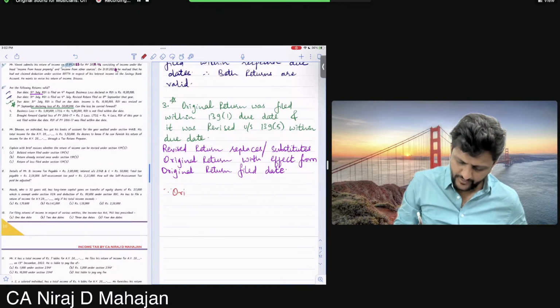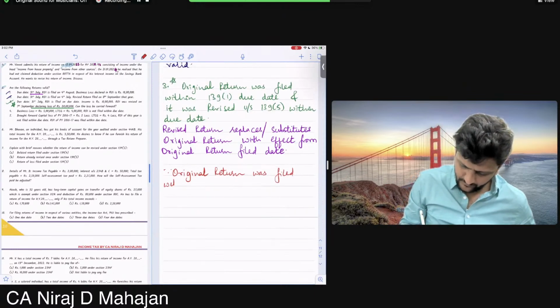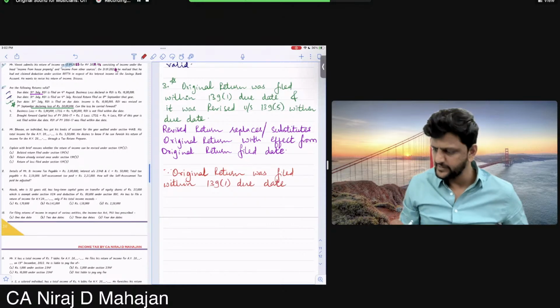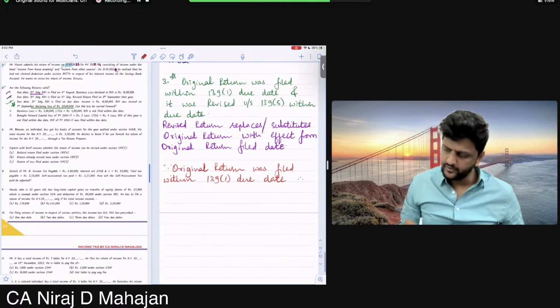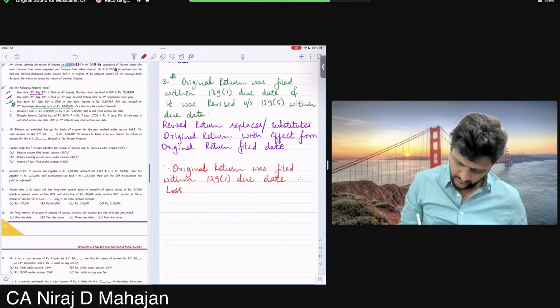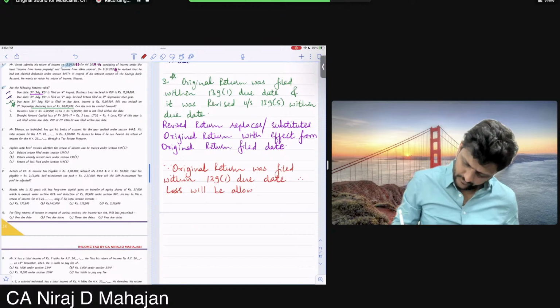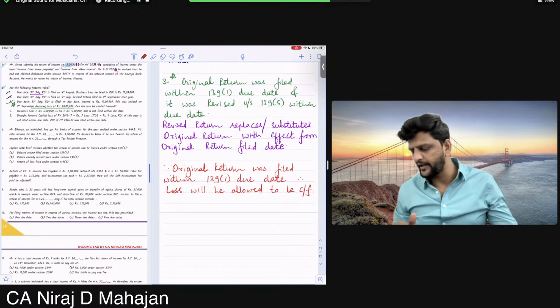Since the original return was filed within the 139(1) due date, are you getting my point? Therefore, the loss will be allowed. Yes or no? Allowed to be carried forward. The loss will be allowed to be carried forward.